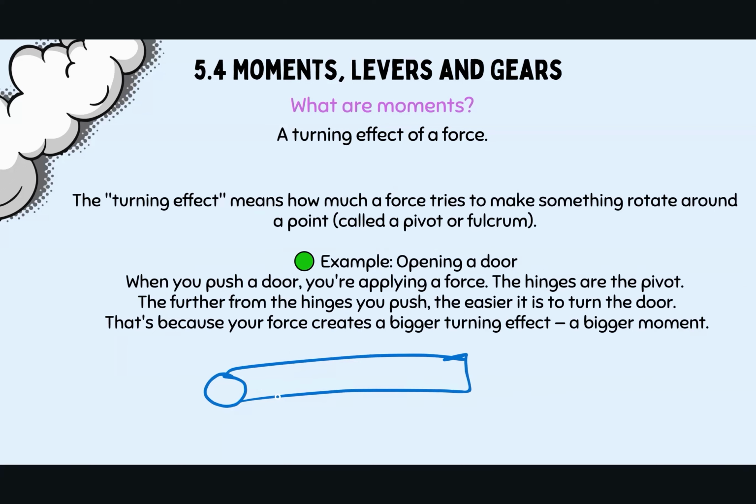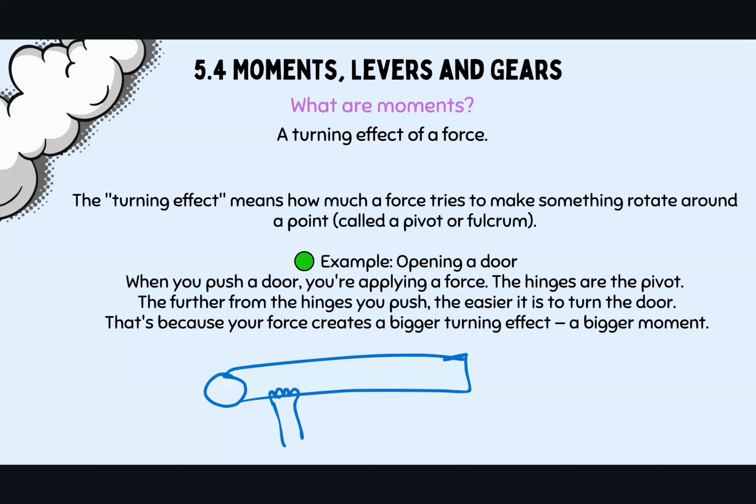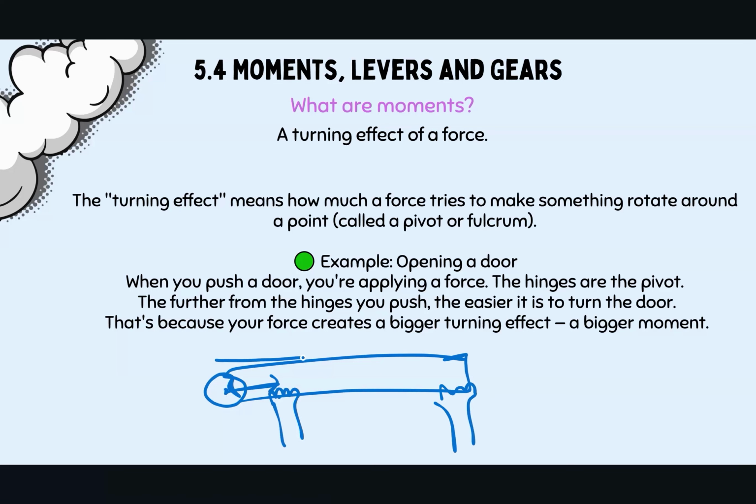If you push it from here, it's going to take more force because the distance from the pivot to the hand is less. If you push from here, it's going to be easier because the distance from the pivot to the hand is more.